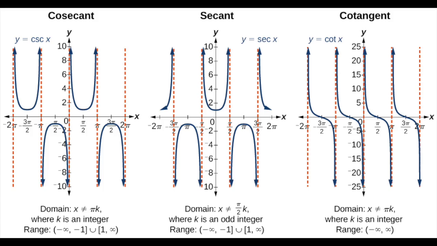Okay, so now I'm going to insert a picture of a cotangent graph, a cosecant graph, and a secant graph. They are the reciprocals of sine, cosine, and tangent, so they're going to basically be the opposites of them. Cotangent is basically the same as tangent, just going the opposite way.